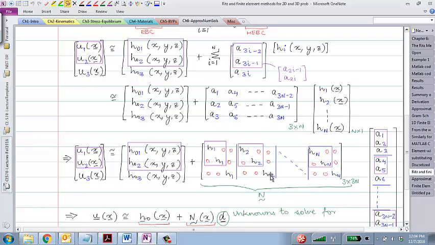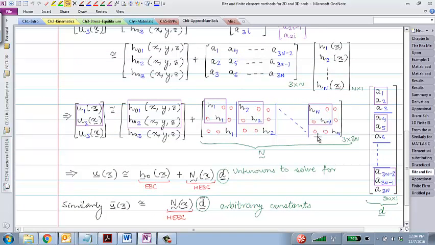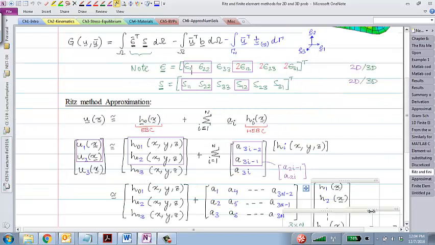H2, H2, H2 here, multiplying A4, A5, A6, and so on. All I've done is rearranged this part of the matrix as this matrix right here. This matrix times this huge vector. The good thing about this is that now all my unknown coefficients are nicely arranged in one unknown vector that I will finally solve for by again using Ka minus F.